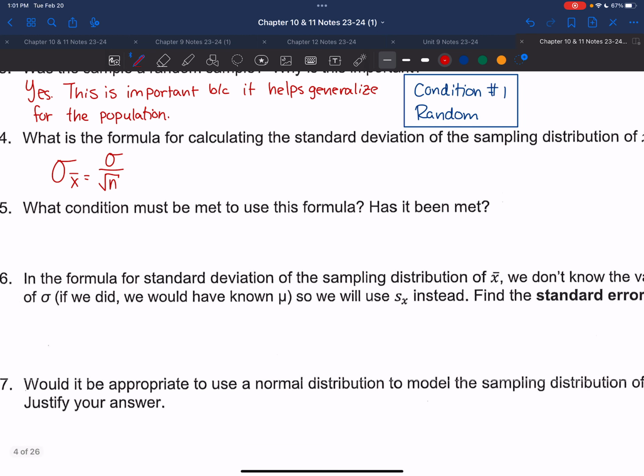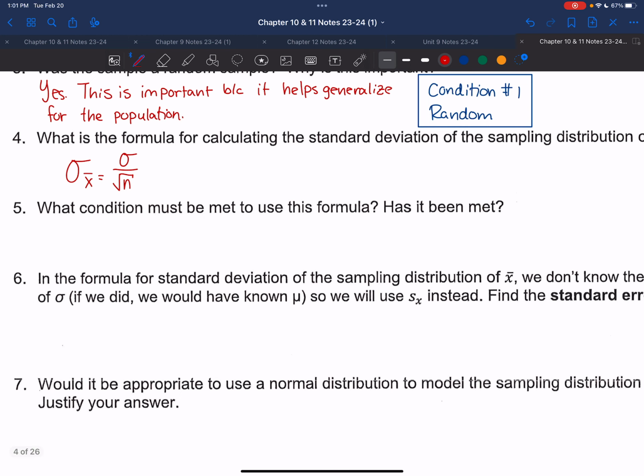Now, number 5 says, what condition must be met to use this formula, and has it been met? So this is the 10% rule, or the 10% condition. All right, has this been met? Yes. We know that because our sample is less than 10% of the population.